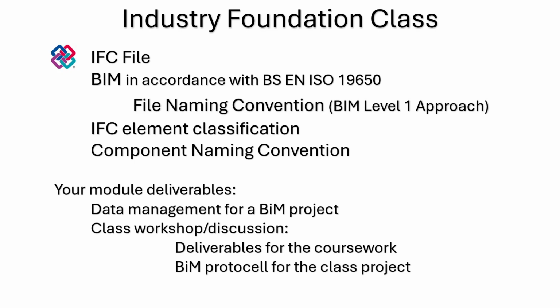However, we do need to talk about some things that are actually very important. So BIM in accordance with BS EN ISO 19650, that's how we refer to it. We used to have BIM as BIM level 1, 2, and this hypothetical 3. Anyone heard of BIM level 1, 2, 3 before?